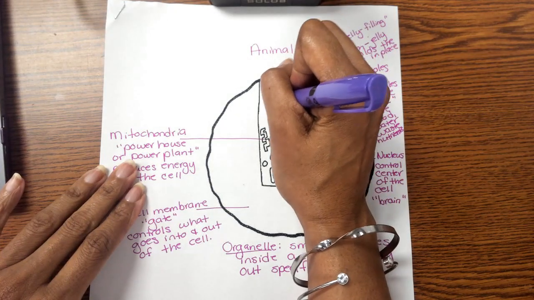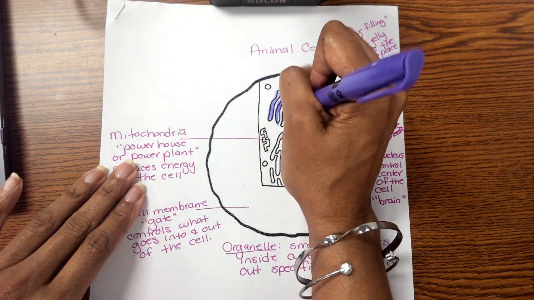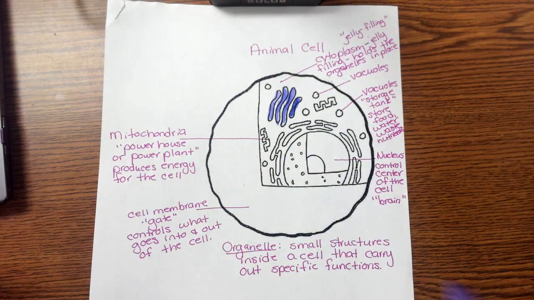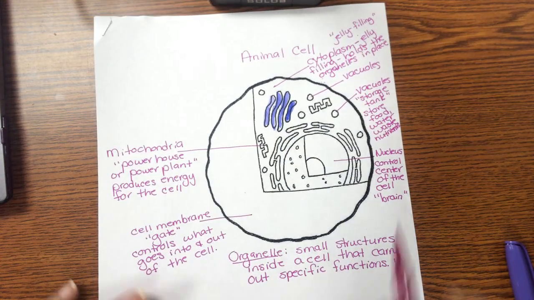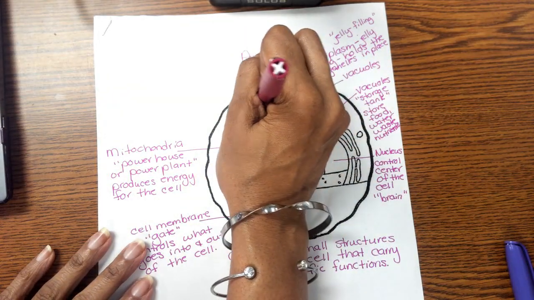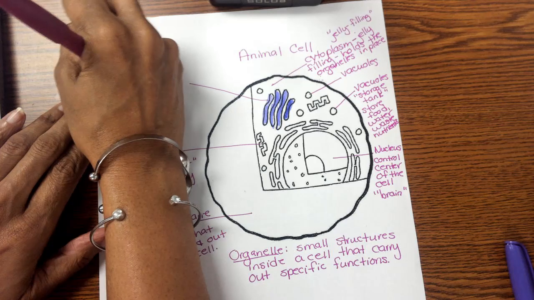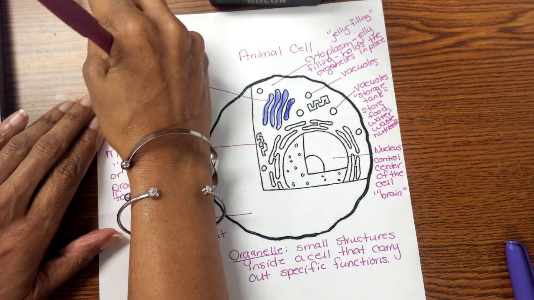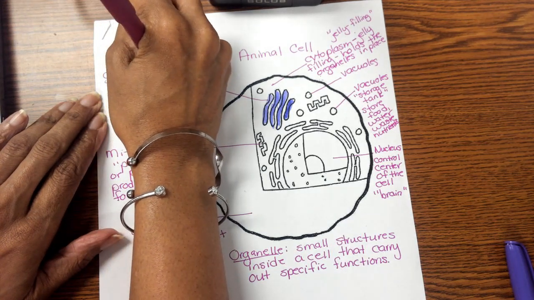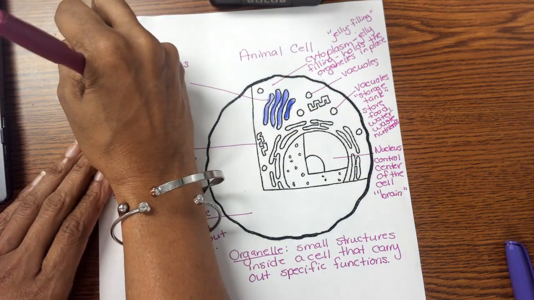These little purple things, I'm going to go over these in purple. Okay. Those little purple things right there. That is your Golgi apparatus. And we're going to call this the hallway.